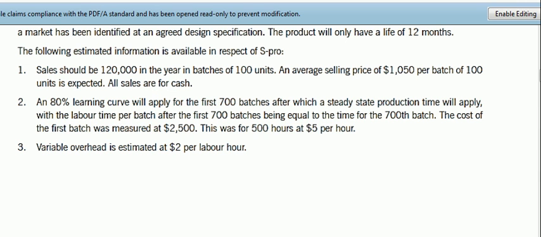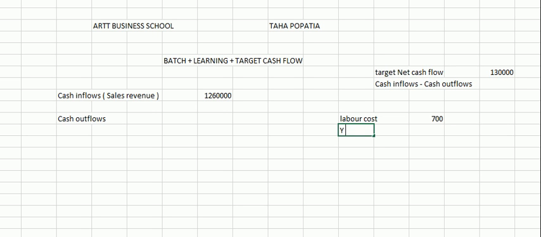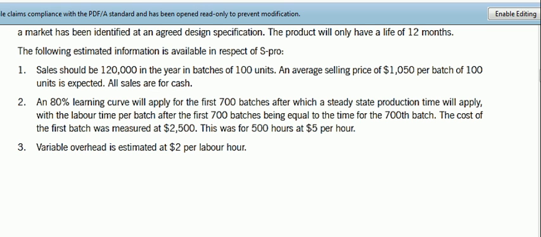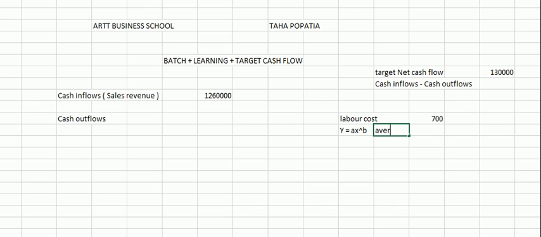In our example, the learning curve formula is y = ax^b, which gives us the average time or average cost per batch. This has been already discussed in previous videos.